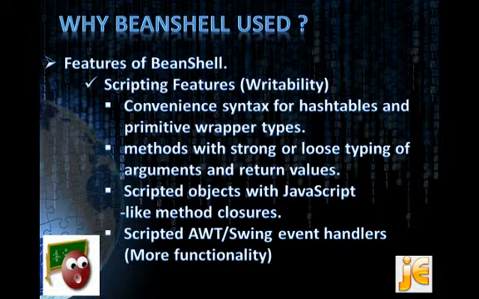So we can use those wrapper types in any place of the coding without any errors. And also it has methods with strong or loose typing of arguments and return values. This will increase the writability and reduce the rework effort.